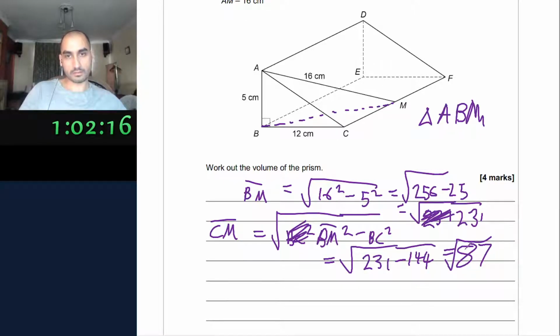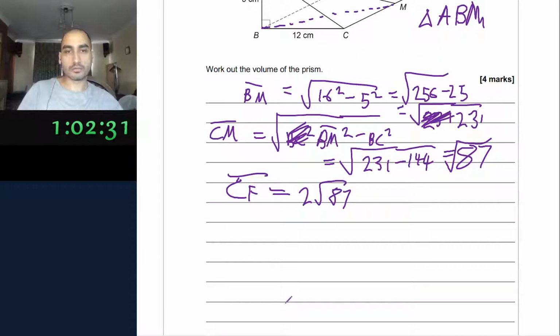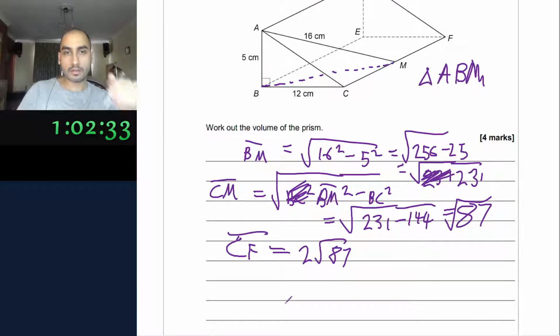And then, so CF, this is 4 marks. We're going to get all these marks. CF equals 2 root 87. You just double it. And then we've got everything we need, don't we? Volume. So now to get the volume, we need volume equals AB times BC over 2.